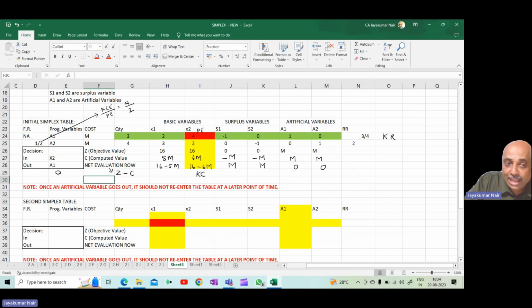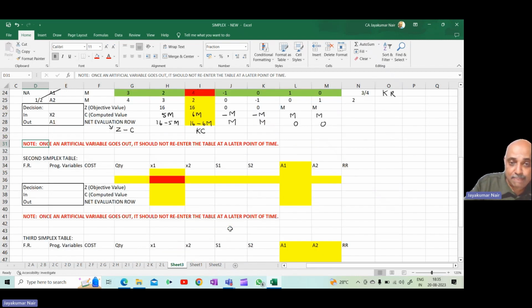Okay, so you know that A1 has to leave the table. So this A1 has to go out of the table. That means from the second table onwards, A1 should not be there. So remember, once an artificial variable goes out, it should not re-enter the table at a later point of time.